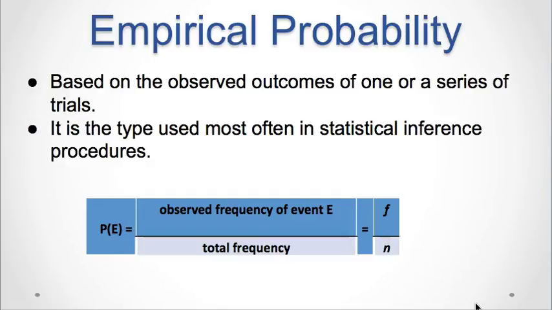This is an example of empirical probability because we collected data through our survey and our probability is based on the results of these data. Empirical probabilities are used when we do not know all the possible outcomes of an experiment. It's used most often in statistical inference procedures.